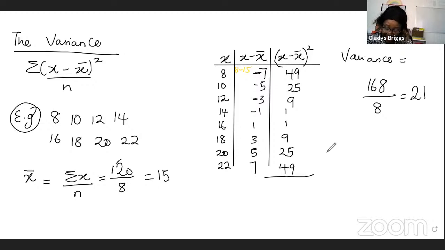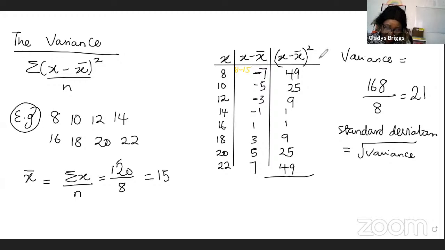All right. And the standard deviation is the square root of the variance. Okay. Standard deviation is equal to the square root of the variance.